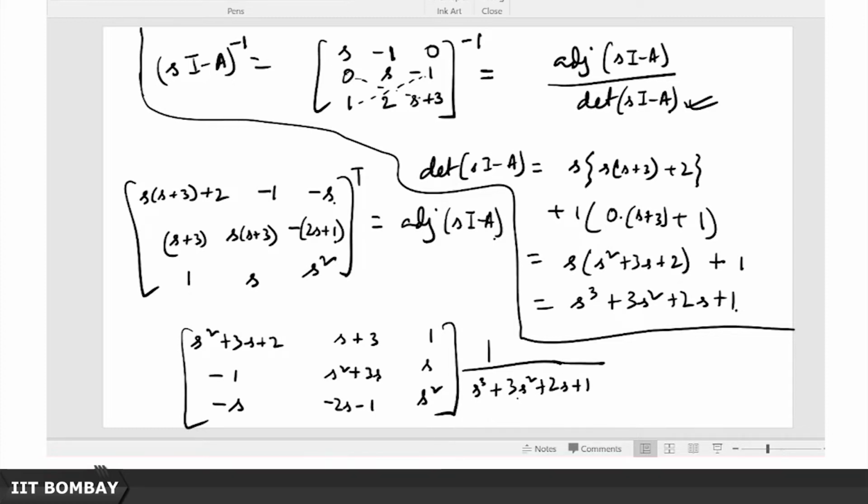This whole thing that I have obtained here, I believe that's what it's going to be. So finally one whole slide it took me to get this SI minus A inverse.